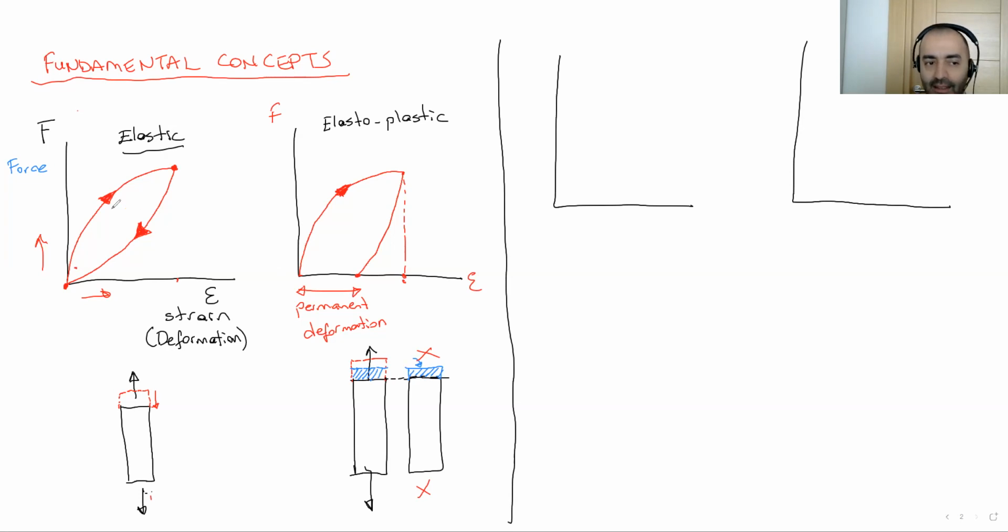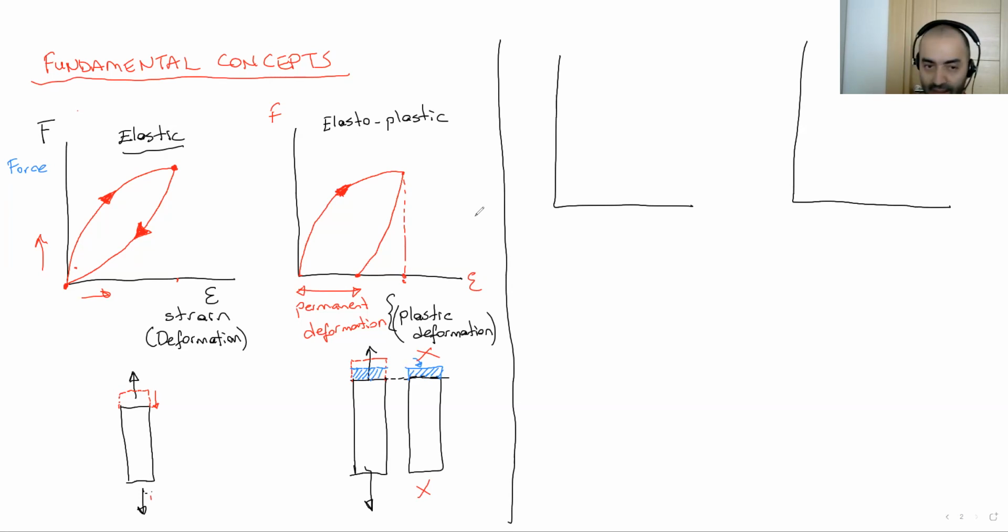This was elastic. Permanent deformation means, by the way, plastic deformation. Plastic deformation is a kind of permanent deformation that occurs on our structural members.